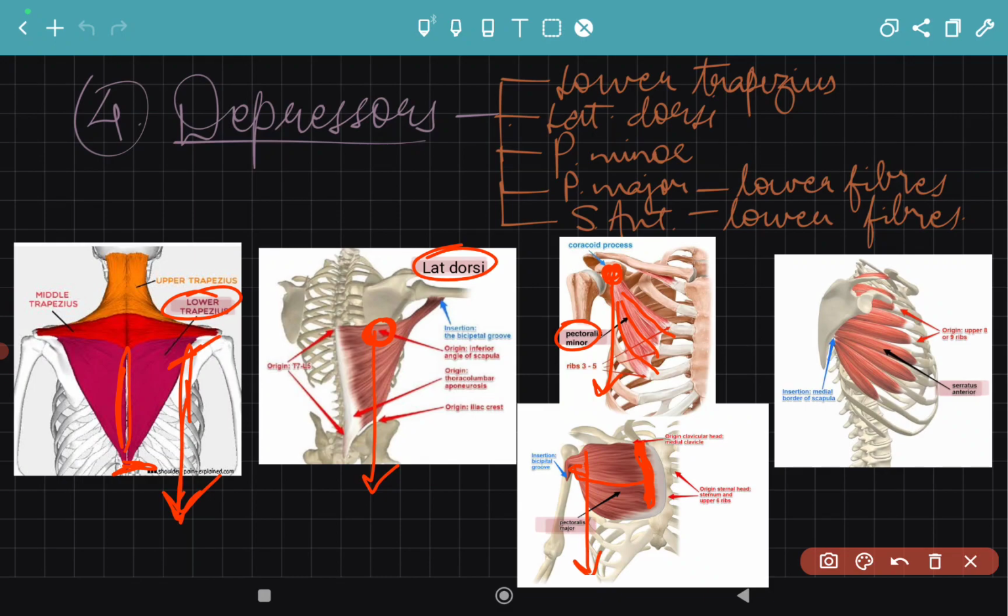Lastly, there is the serratus anterior. The lower fibers originate from those ribs and mainly attach to the medial border of the scapula. This attachment helps it pull the scapula downwards, causing depression of the scapula.